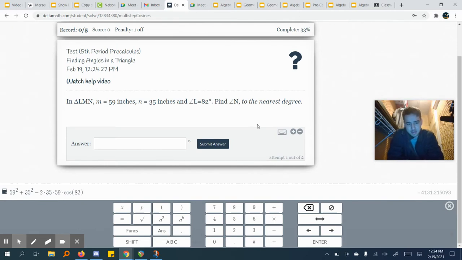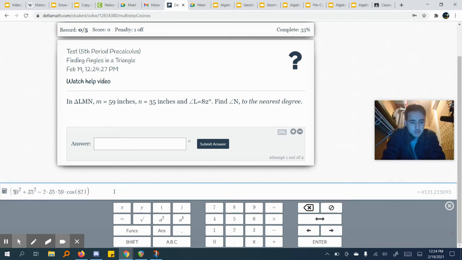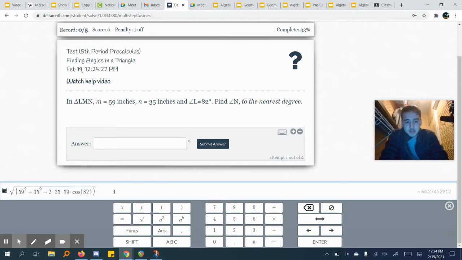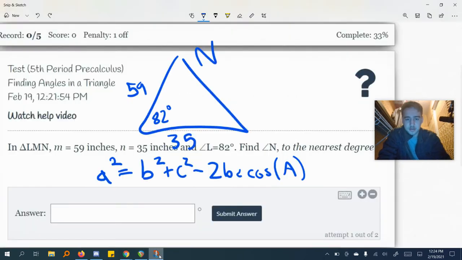Didn't want to lead you to the end of the problem and find out we did it wrong. So 4131.21. Now let's go ahead and just wrap parentheses around the whole thing and take the square root to find that side. Square root of that. So 64.27. That is going to be our side here. So 64.27.